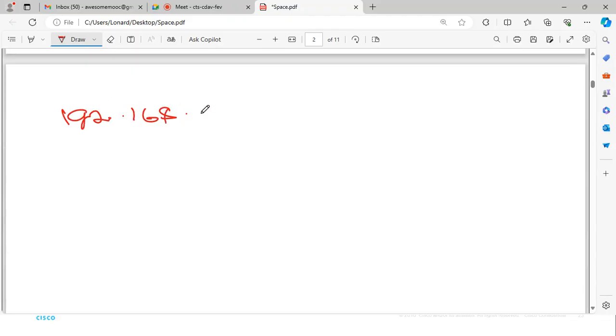We have 192.168 then dot 16.0, and then the other one we have 192, 168. Here we said this 0, 0, 0, and then 1, 1, 1, 1, 2, 3, 4, 5, 6, 7, like this.